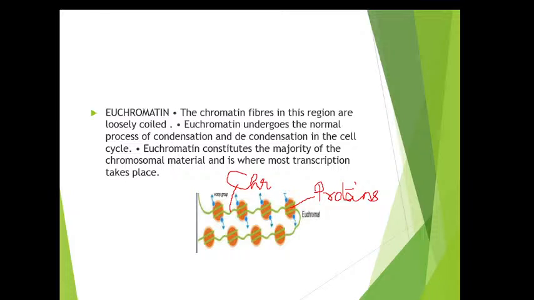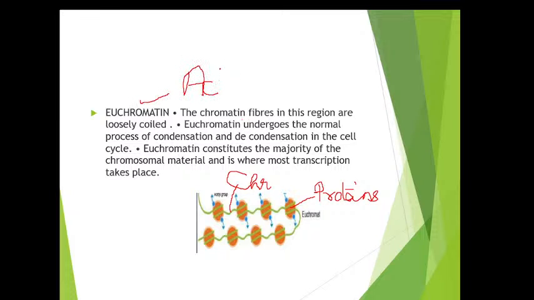So euchromatin is the chromatin which is in a highly dispersed or loose state during the interphase. In this phase, the chromatin is active for transcription. So euchromatin is the active phase.